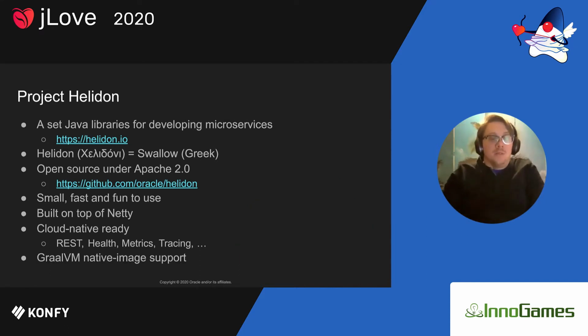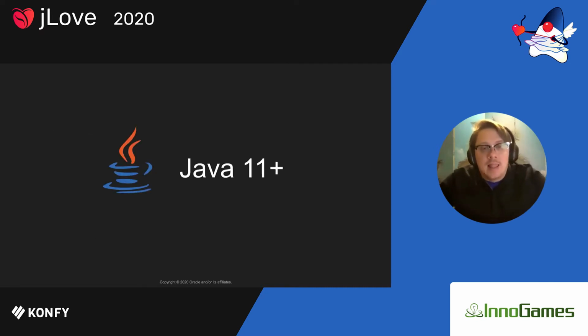And the most important stuff, by the way, today, since in the clouds you have to pay for everything, like the start speed, the volume you take, the memory footprint. We also fully support, I believe, GraalVM native images. So whatever you need to produce something really small and native as an application, we do have it for Helidon.